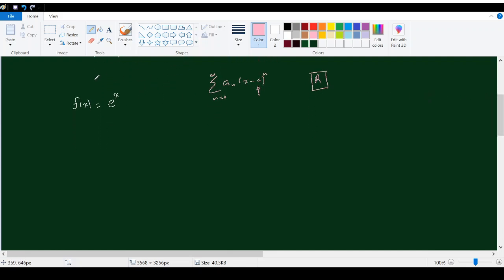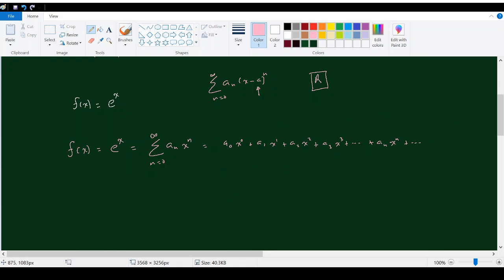But to start today's session, let's see whether we have a power series expansion centered at 0 for the function e^x. That means we are trying to see whether you can have a power series expansion like this. And if you expand the terms, you will see it like this.